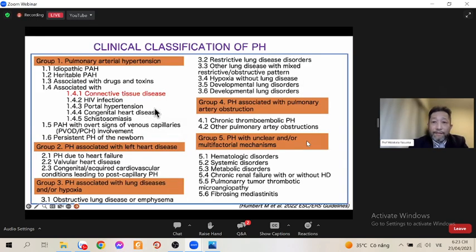This is the clinical classification of pulmonary hypertension reported in the 2022 ESC/ERS guideline. The classification has not changed so far and is divided into 5 groups: Group 1, pulmonary arterial hypertension; pulmonary hypertension associated with left heart disease; pulmonary hypertension associated with lung disease; pulmonary hypertension associated with pulmonary arterial obstruction; and pulmonary hypertension with unclear multifactorial mechanisms. CTD-PAH is classified as 1.4.1 here.